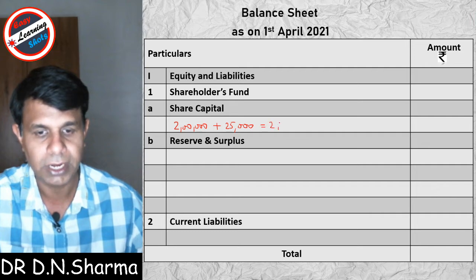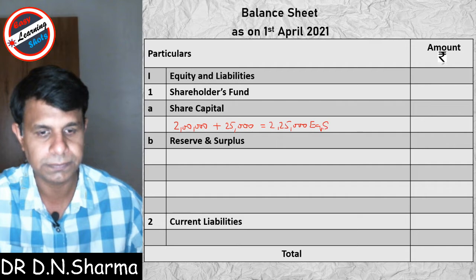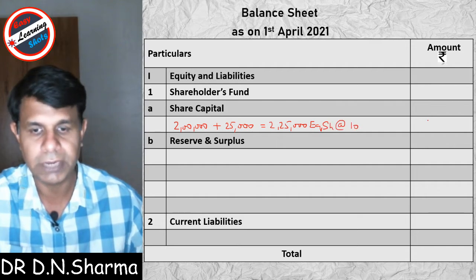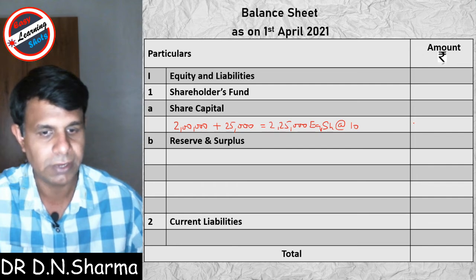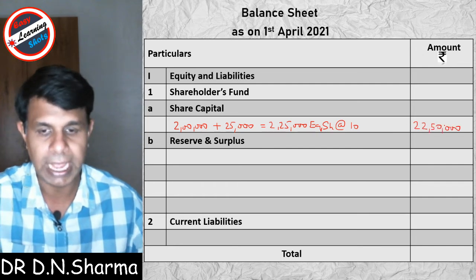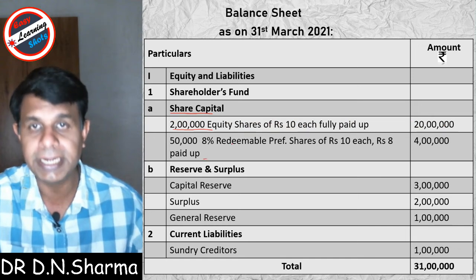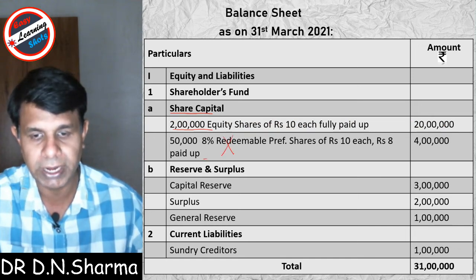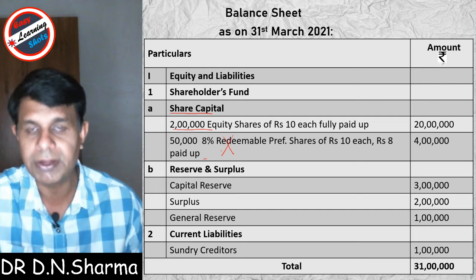So we have 2,25,000 equity shares at the rate of 10 each. So in equity share capital account we have 22,50,000.